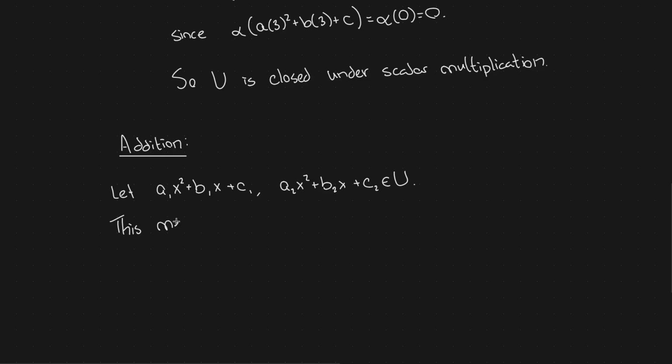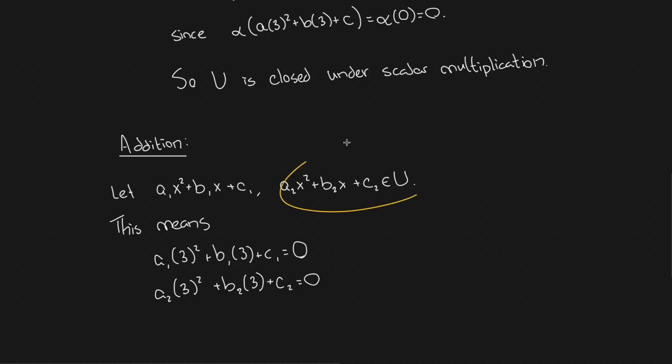So this means that if I plug in 3 to the first polynomial, I get 0. If I plug in 3 to the second polynomial, I get 0 because they're both polynomials in U. Okay?